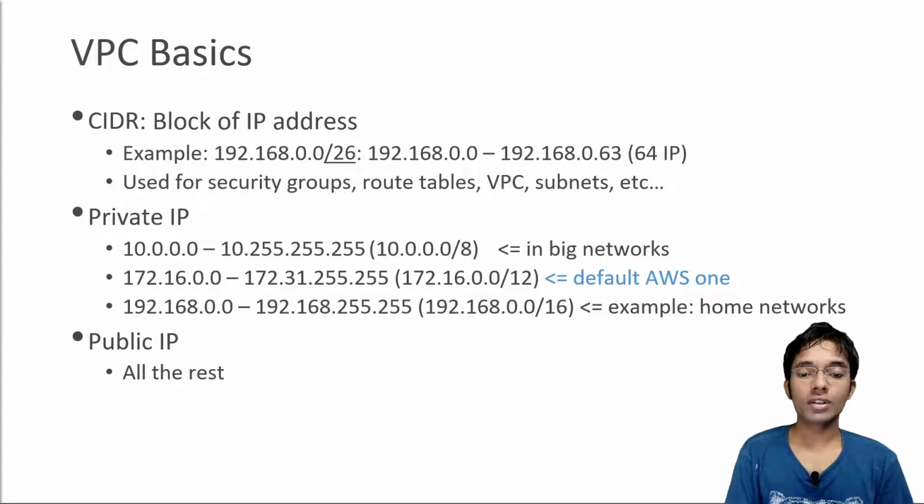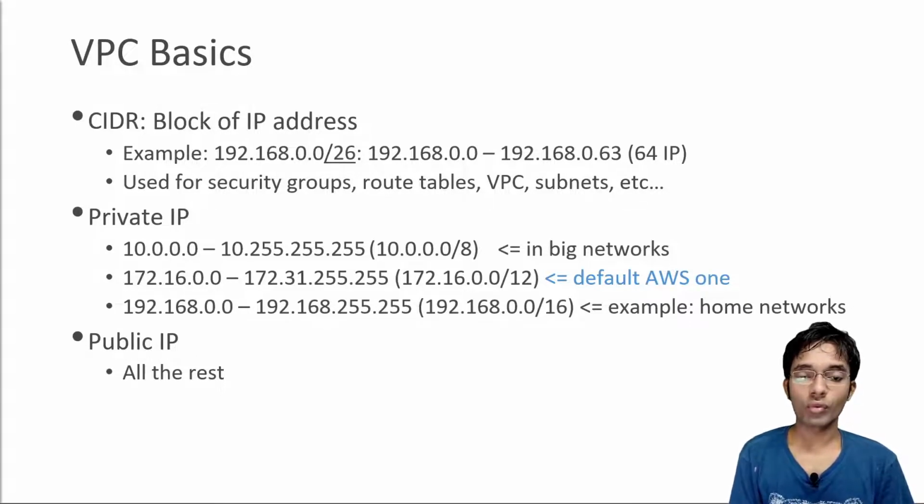Then there is the IP address 172.16.0.0 all the way to 172.31.255.255, which represents the default AWS CIDR block. And finally, we have the smaller 192.168.0.0 all the way to 192.168.255.255.